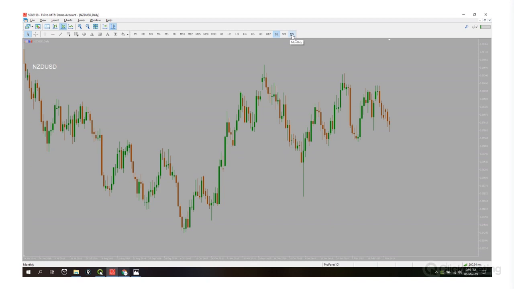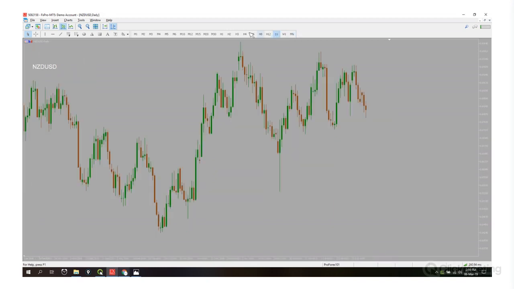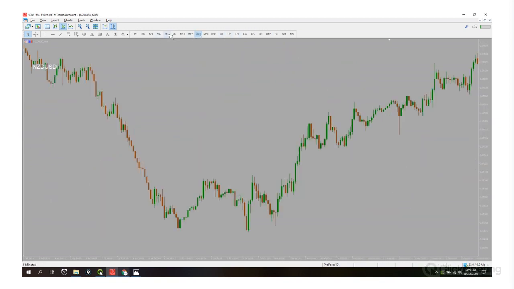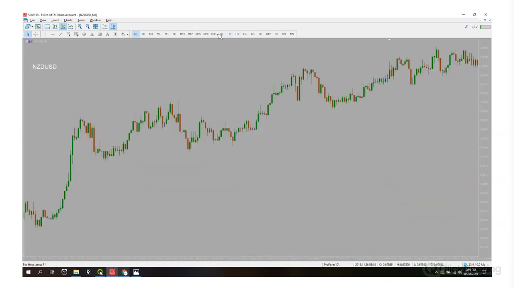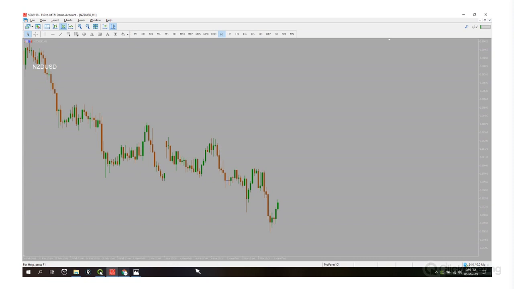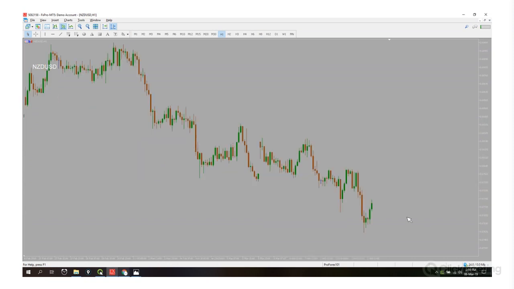I think MT4 just had monthly, weekly, daily, 4 hour, 1 hour, 15 minute, 5 minute, and 1 minute. So you can change your x-axis to whatever interval you want, and your y-axis is price. You cannot change that, and you're just looking at the past price data, guys.